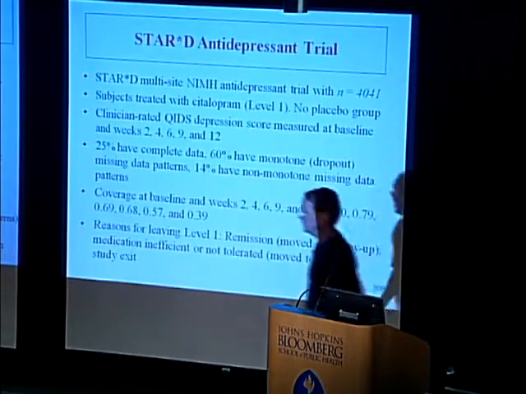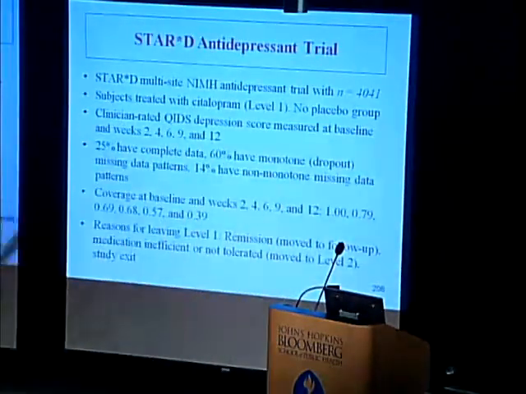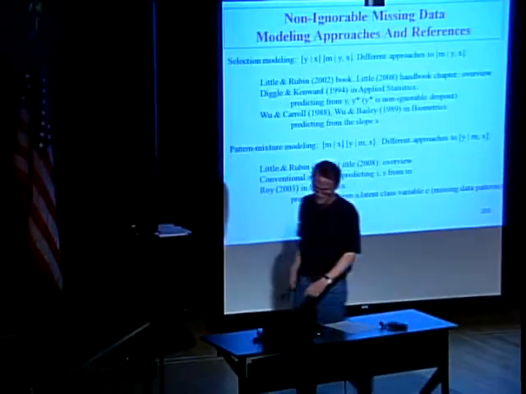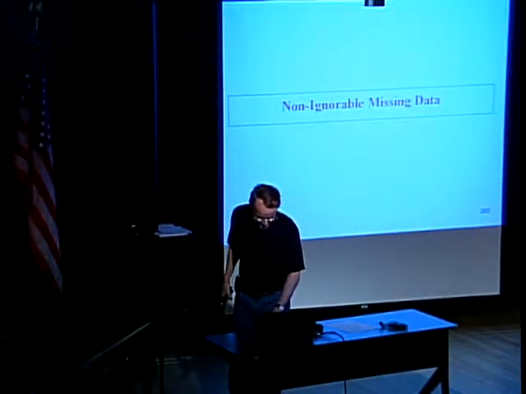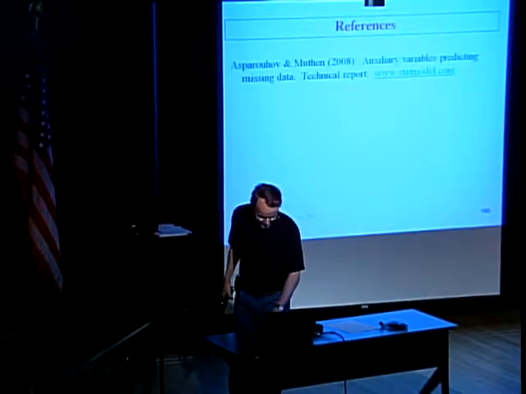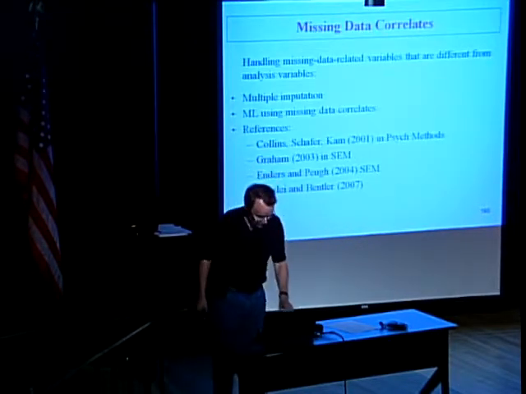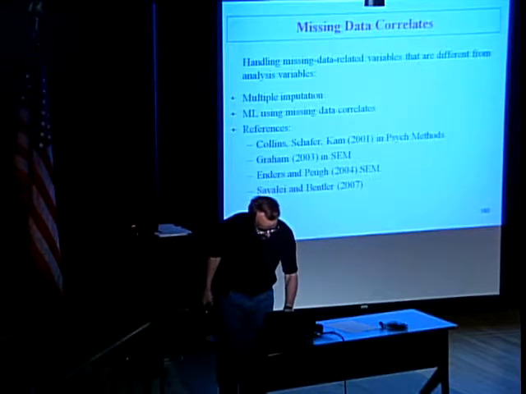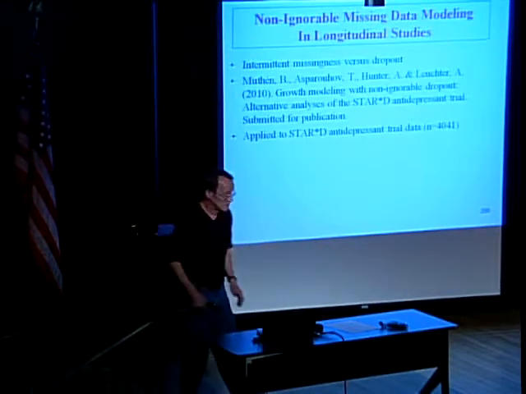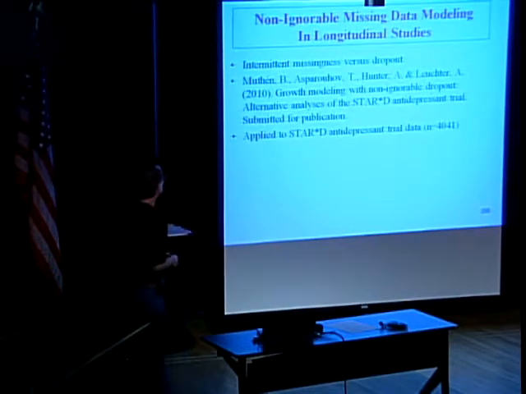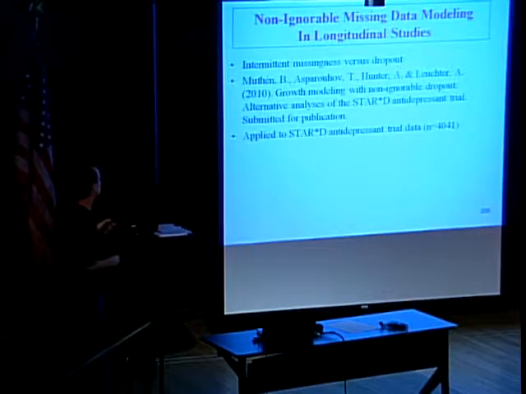Let's take an example that has to do with an antidepressant trial. And this is in that paper that I gave you a PDF for, slide 205. We're going to make a distinction, in longitudinal data, between intermittent missingness versus dropout.